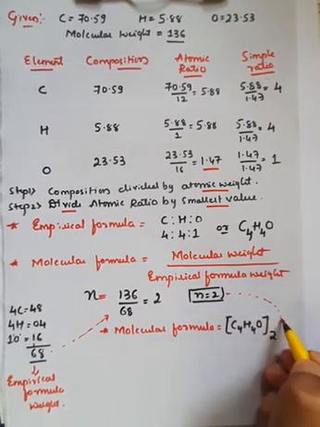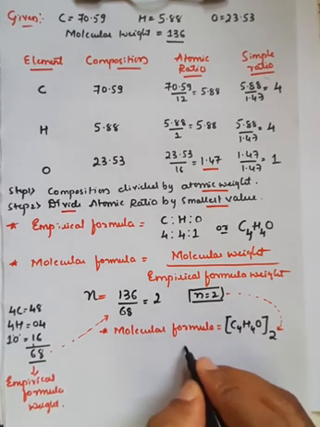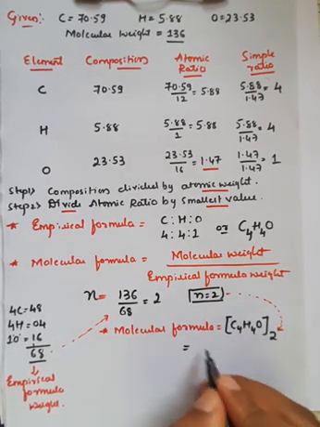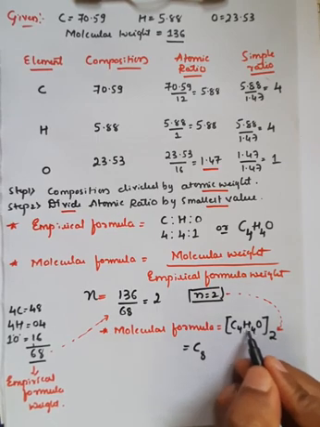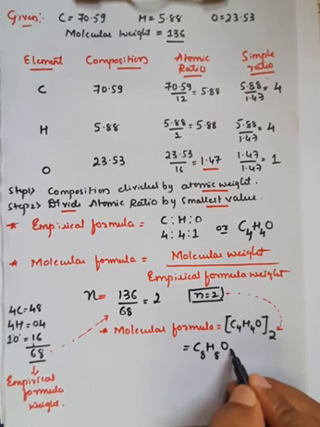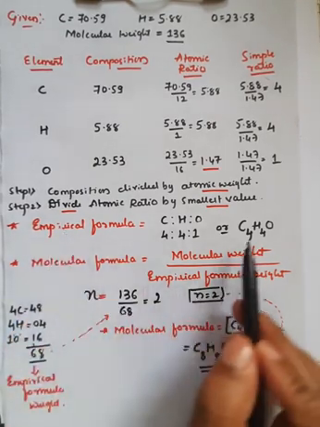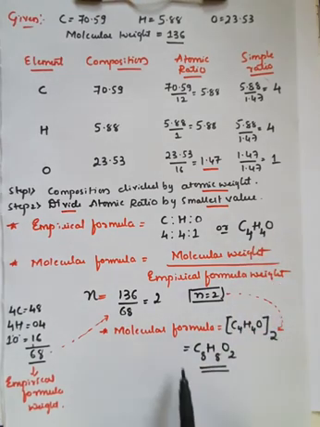That is the calculation of the molecular formula. If you multiply, 4 twos are 8, so carbon is 8. Similarly 4 twos are 8, so hydrogen is 8. Oxygen is 1 into 2, that is 2. So this is the molecular formula. The empirical formula is C4H4O and the molecular formula is C8H8O2.